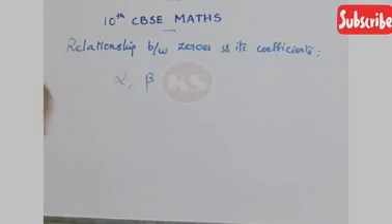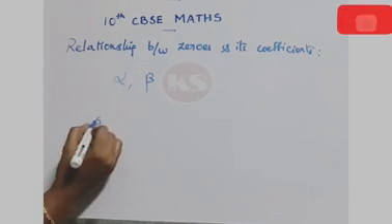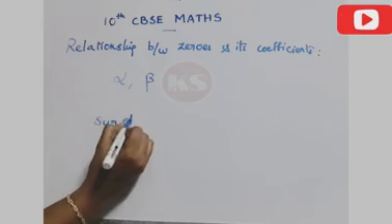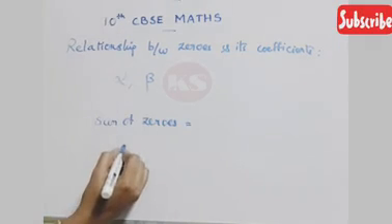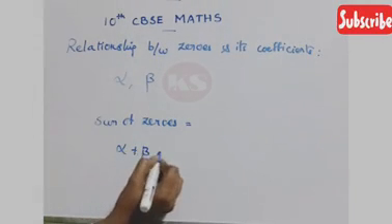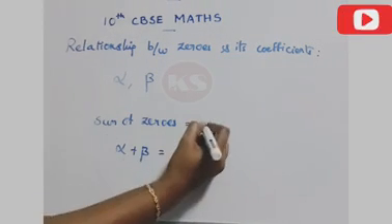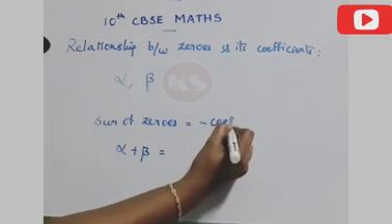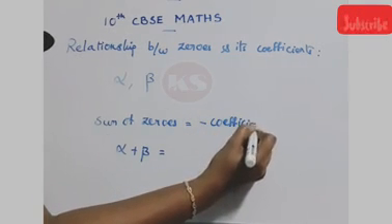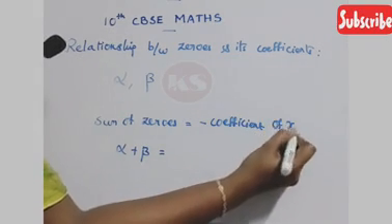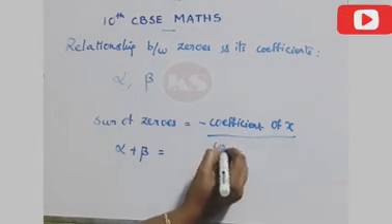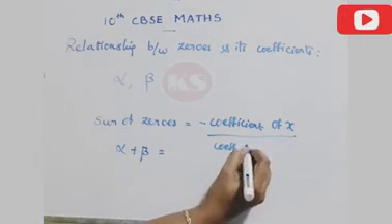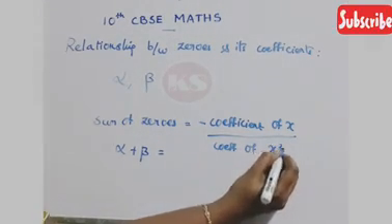The sum of zeros, alpha plus beta, equals minus the coefficient of x divided by the coefficient of x squared.